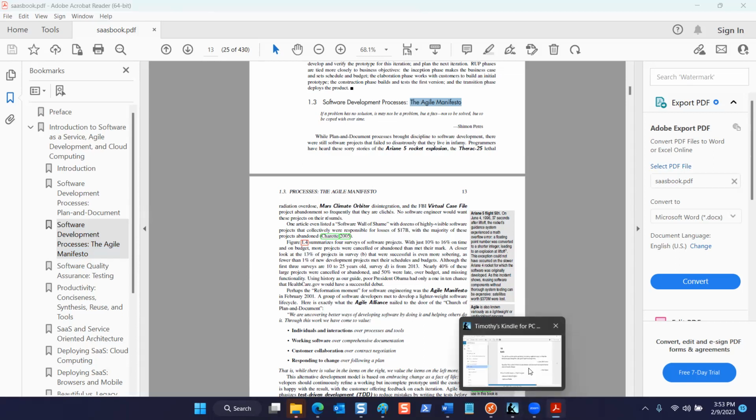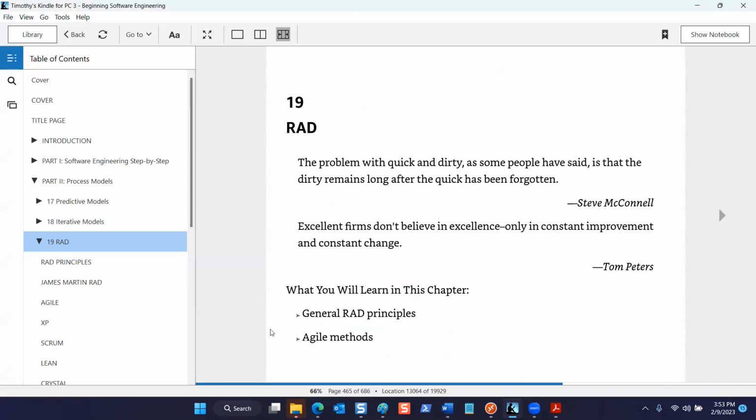In the Stevens textbook, the chapter is called RAD, for Rapid Application Development. And in this context, we're not talking about a suite of development tools and utilities.